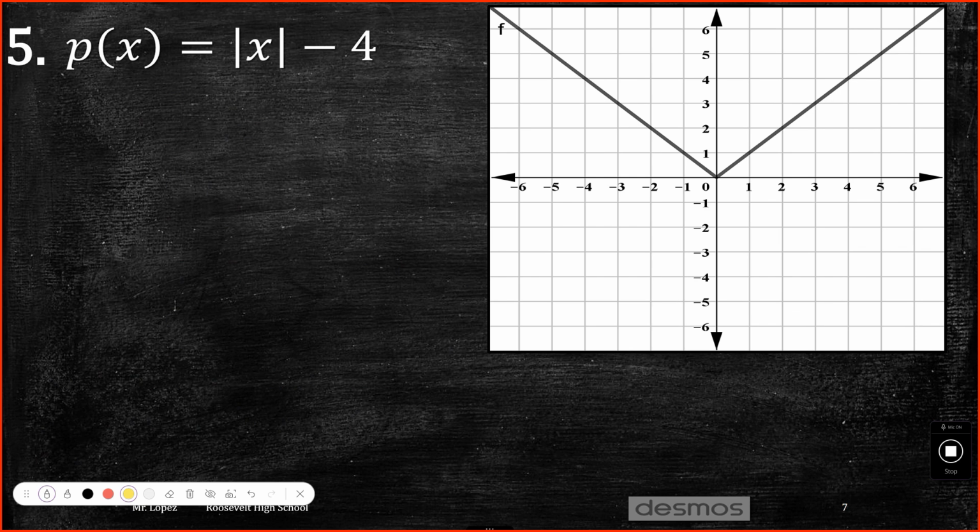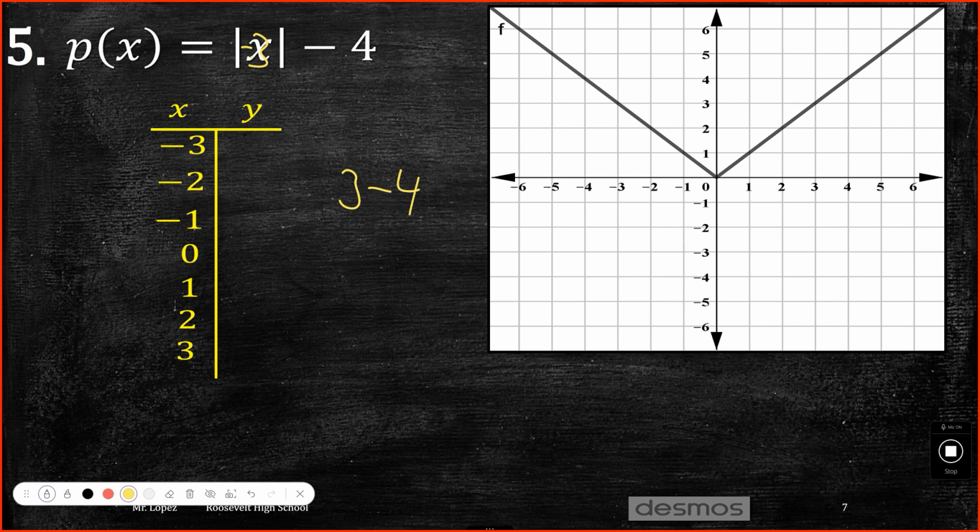This one is a more straightforward one. We do a table of values. You go ahead and plug in x is -3 here. x is -3 makes it +3. And then you have +3 take away 4, that's -1. So now we got -1. You got -2, -3, -4. And you got these numbers, plot the numbers.